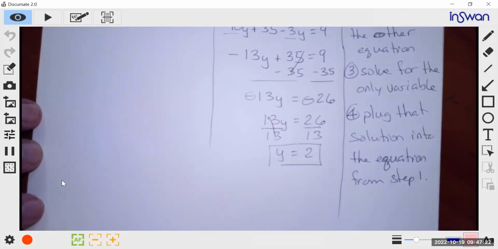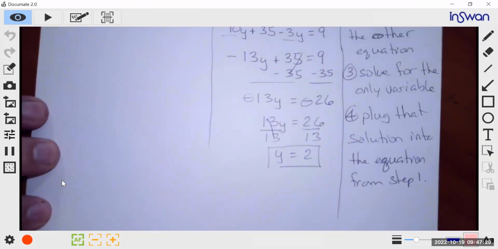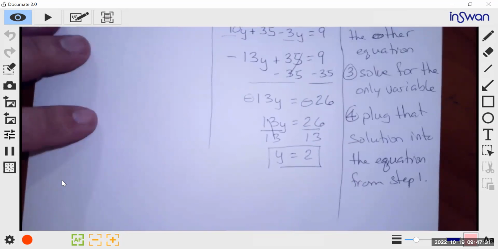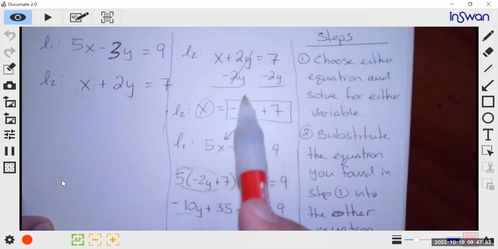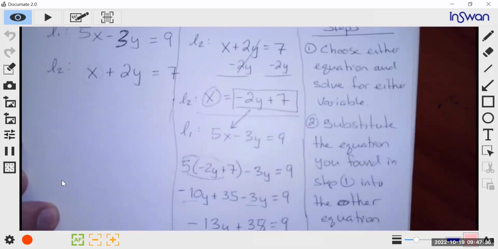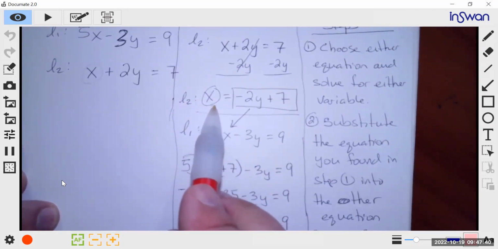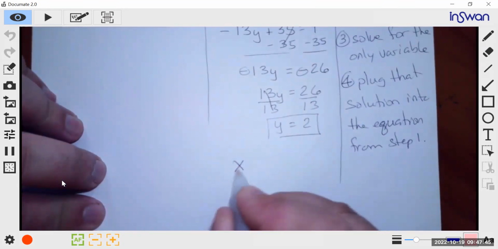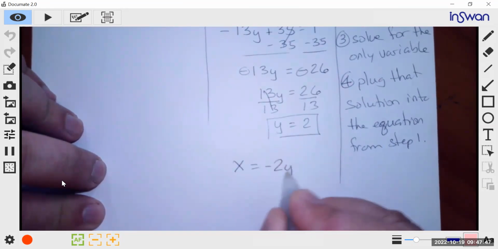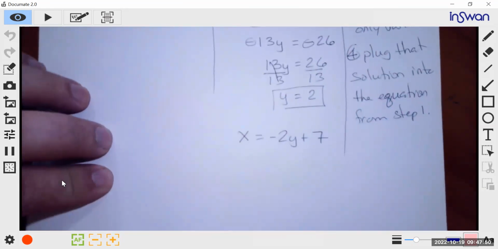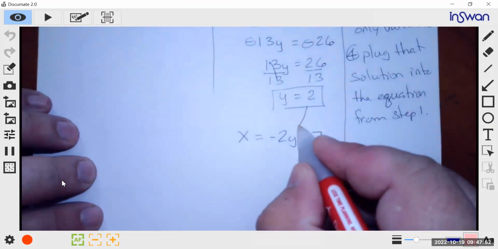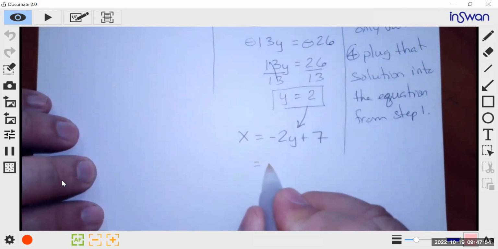What did we do in step 1? We picked one of the equations and solved for a variable. Because we now need x, that's what we're solving for. So the equation we found in step 1 was x equals negative 2y plus 7. Anywhere I see a y, I put a 2.